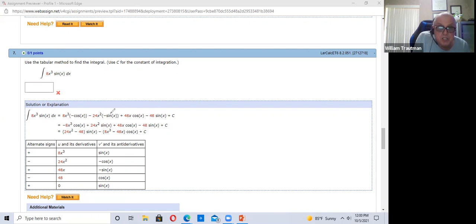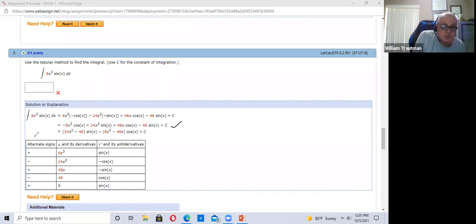But it looks like they looked at the signs and they factored out the sign and just took these things out in front. Same way with the cosines. They took negative 8x cubed and plus 48x out in front. I don't know why that extra step was needed, but this is all what we're looking for here. So try that tabular method.